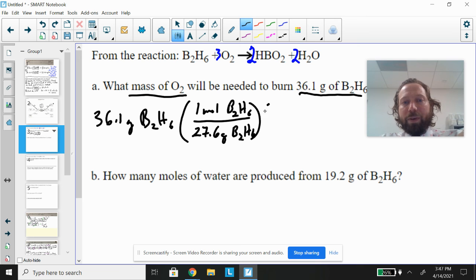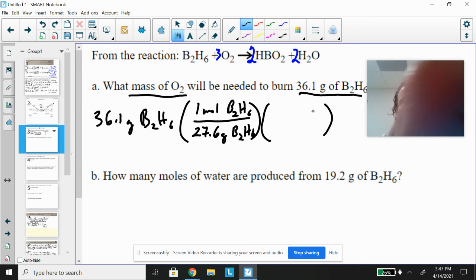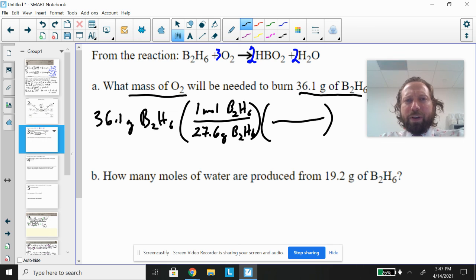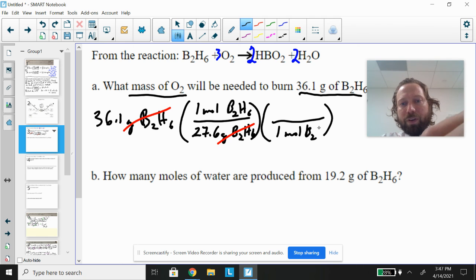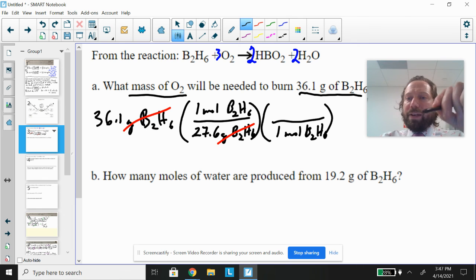Okay, now we have the moles of B2H6, but I want to get rid of that. Okay, now I want to put that again on the bottom this time so I can get rid of it. See, a lot of students kind of get confused about what goes in the bottom and the top in this middle step with the mole ratios. I like to just know that if I'm writing it out and I can cross it out, that's a good thing, right?